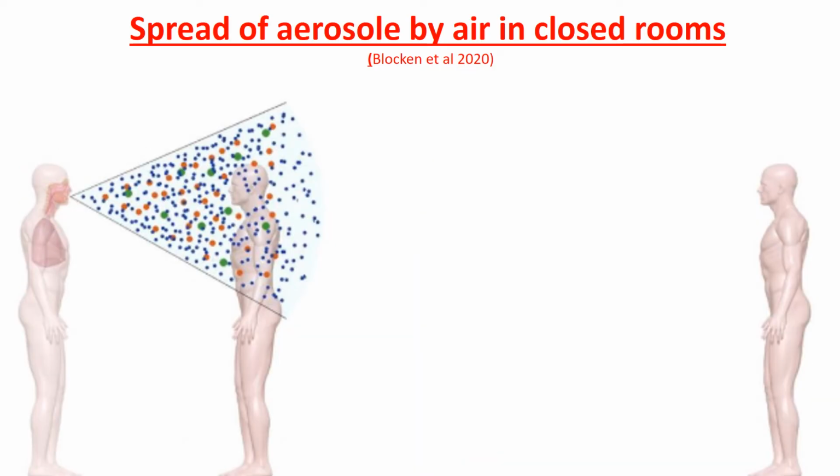Spread of aerosol by air in closed rooms. If an infected person coughs in front of a non-infected patient, with distancing of about 1.5 meters, the aerosols need a couple of minutes to reach the non-infected person.